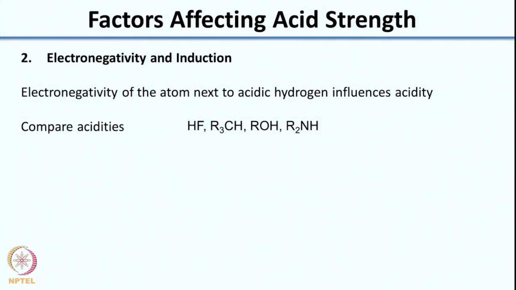The other factor is the electronegativity and what is called the inductive effect. If you remember the very first class that we had for this course, we had looked at inductive effect. Now we are looking at the same concept towards the end of the course, but in a very different context: inductive effect in the context of acidity.